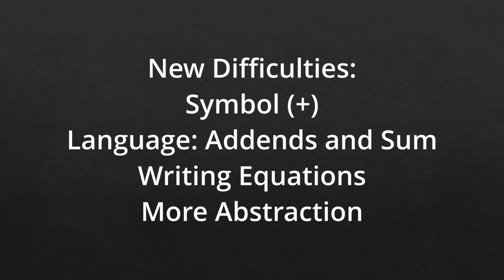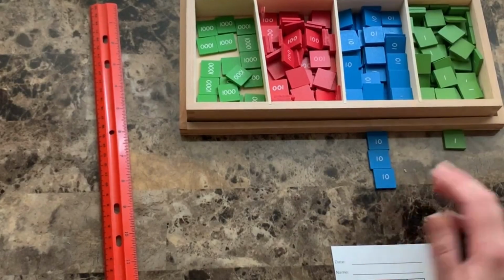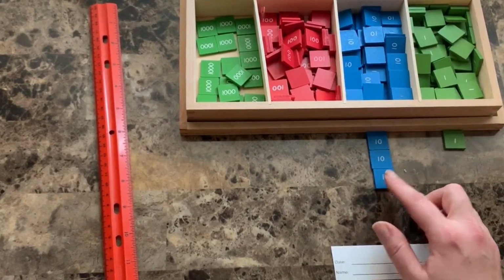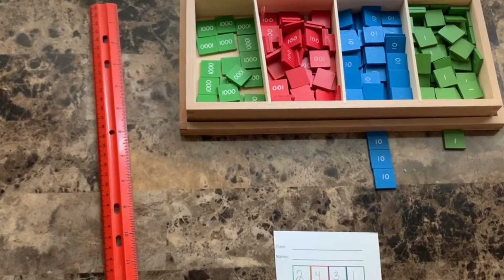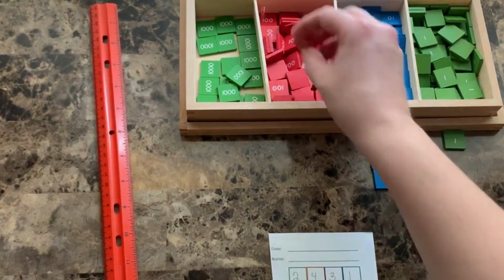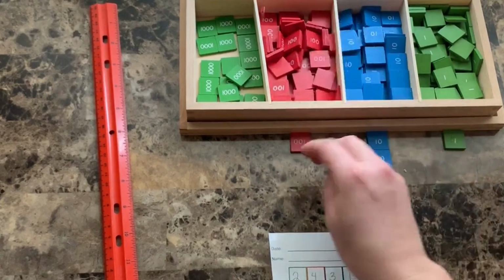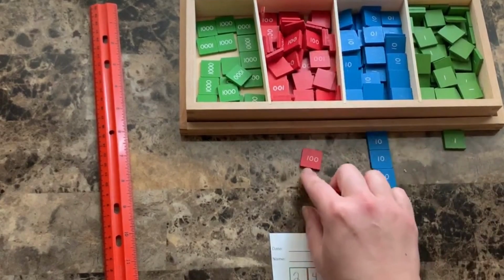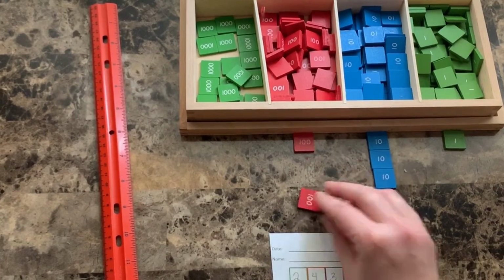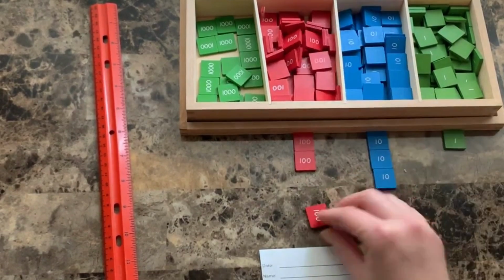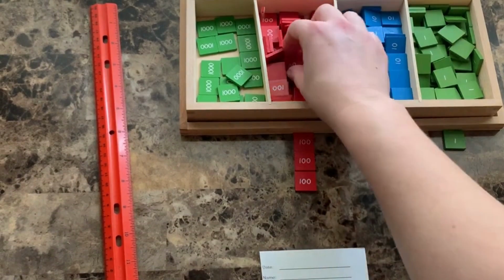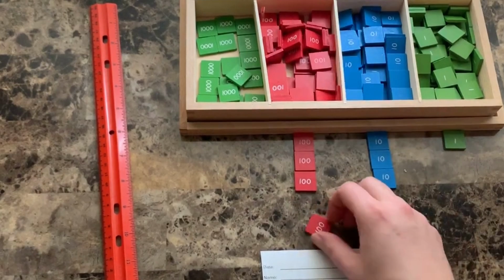Before, in the collective exercises, we were only learning the definition. But here in the stamp game, we're going to get more formal by introducing the addends and the sum. That language is introduced in the stamp game, and we're going to show them how to write the equations on the paper. So these are new difficulties that the student has to work into their addition.